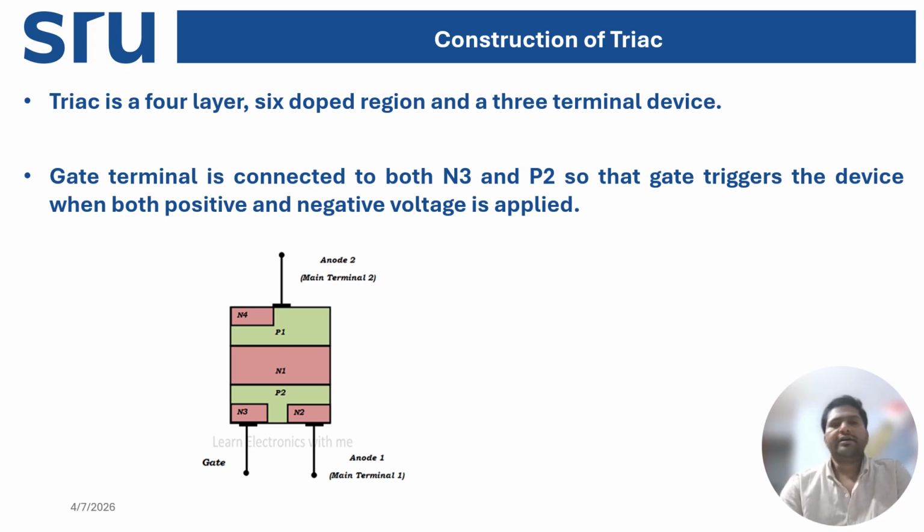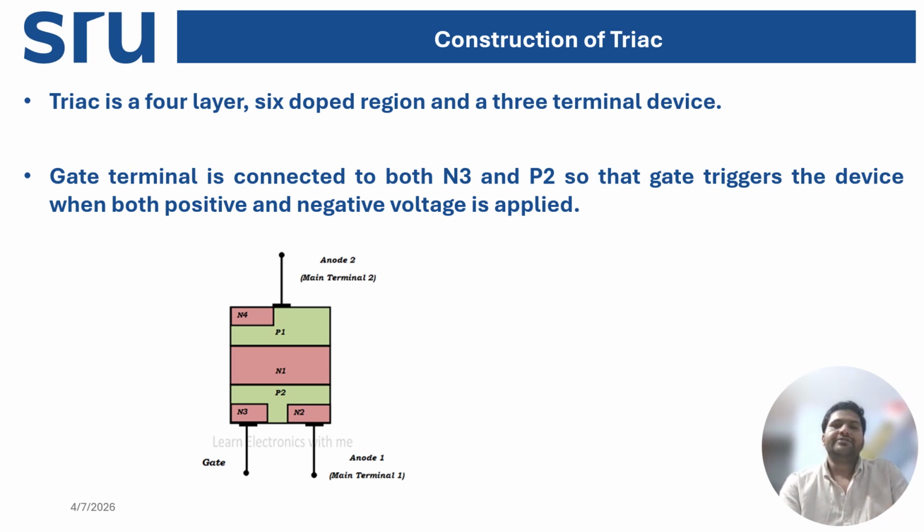So what is the internal layer arrangement? The internal structure consists of alternating P-type and N-type regions. These regions form multiple junctions that enable bidirectional conduction.